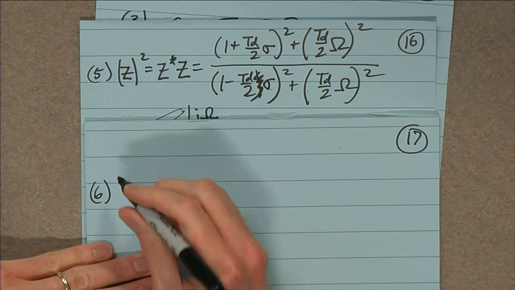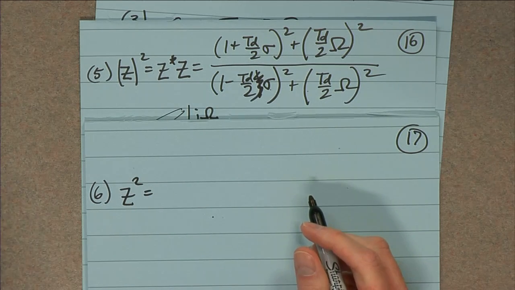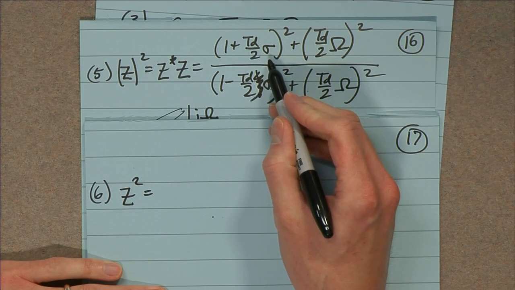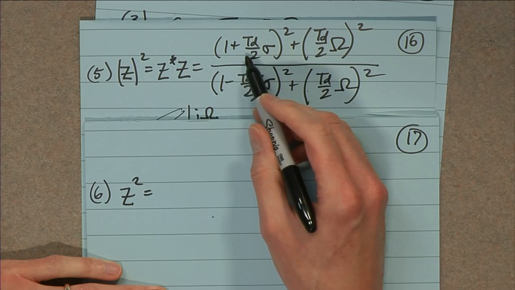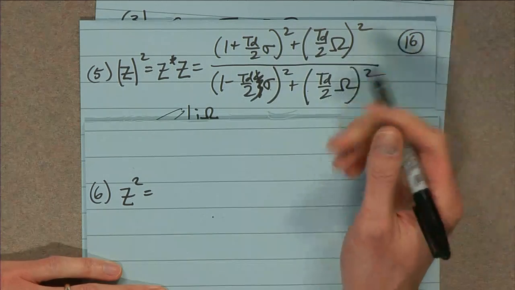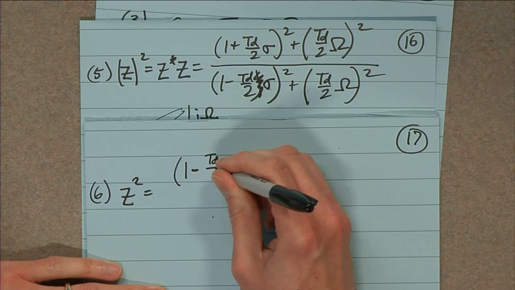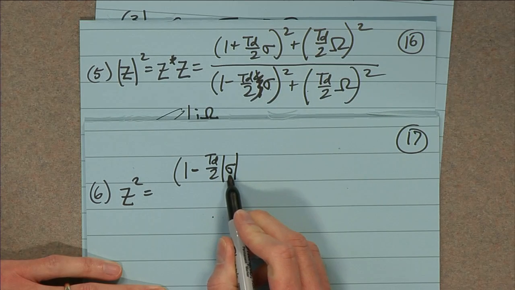Well, if we do that, one way to think about this is what happens to this term if sigma is less than 0? One easy way to say it is that it's just going to be 1 minus TD over 2 times the magnitude of sigma, right? Because sigma, so I'm going to put the magnitude, is some number.